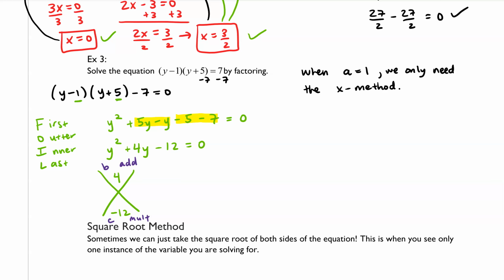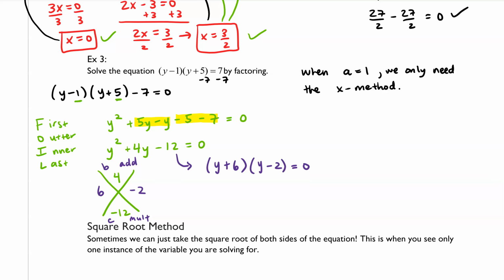And if you need a minute to think about it, go ahead and pause the video. But the numbers that'll make that true are 6 and negative 2. So now what that means is we could just factor this into (y plus 6)(y minus 2). And that's what that factors into.